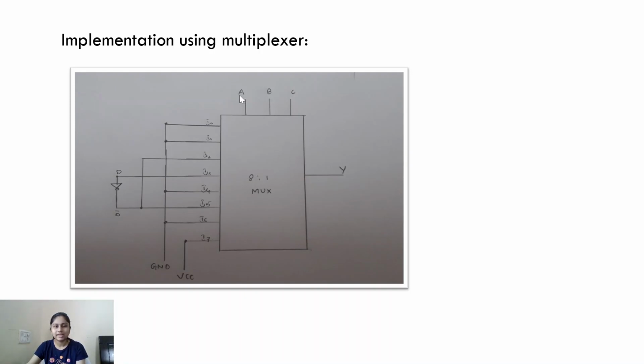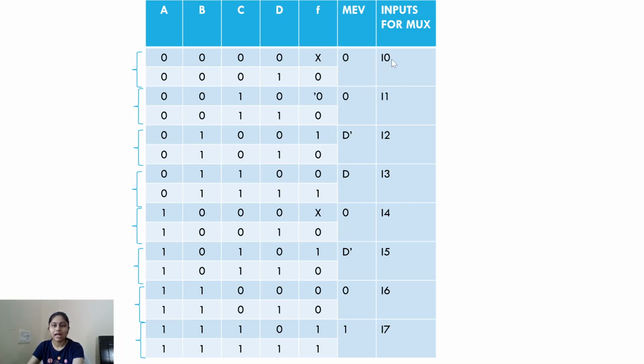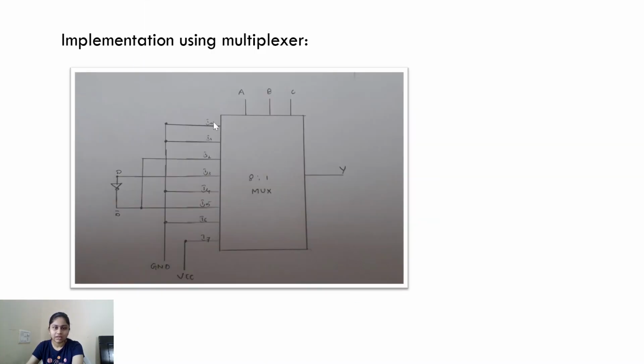We have the three select inputs A, B, C, and we have one output Y, and we have 8 inputs ranging from I0 to I7. As we saw in the previous slide, I0, I1, I4, and I6 have the value 0. So we are connecting I0, I1, I4, and I6 to ground.